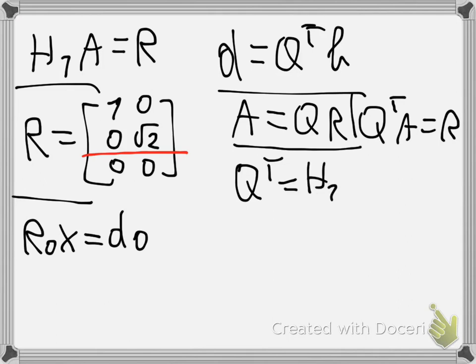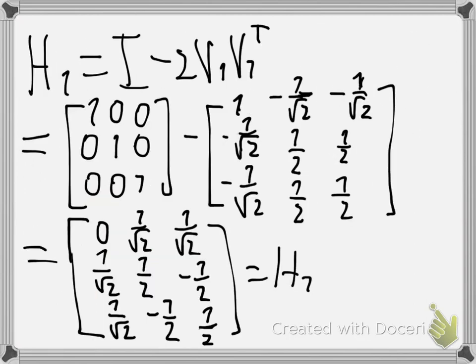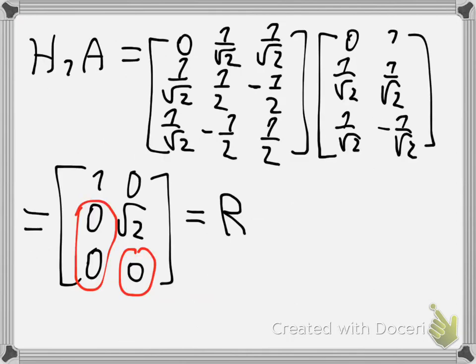Q would be equal to H1 transpose, but we don't need it. And so we already know our q transpose. It's just H1, which is this matrix here.